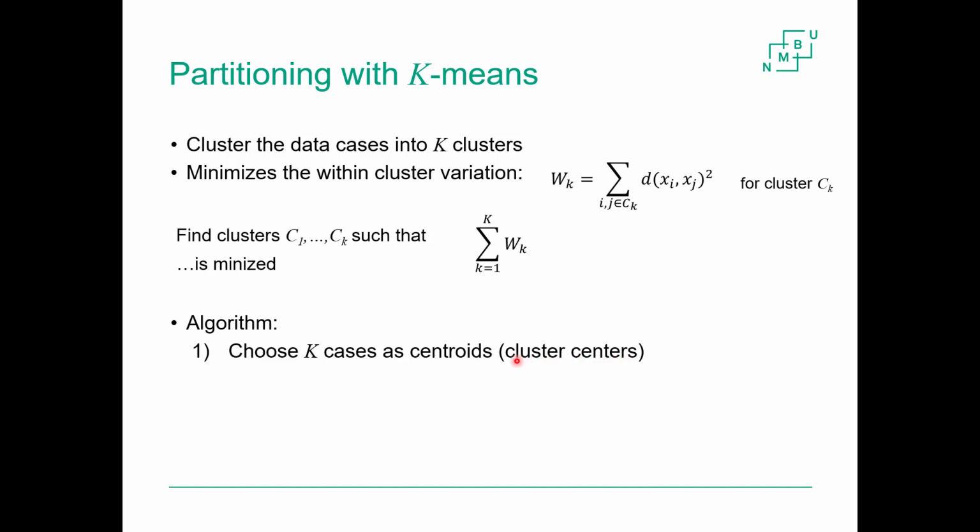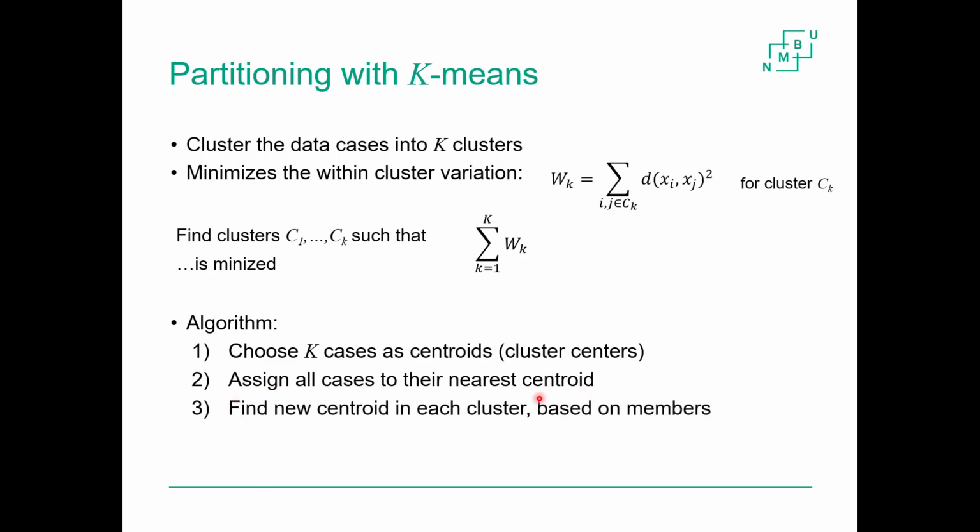So we start by randomly selecting capital K of our data points as cluster centers. Then assign all data cases to a cluster according to which centroid is nearest. Each data point is simply assigned to the nearest centroid.